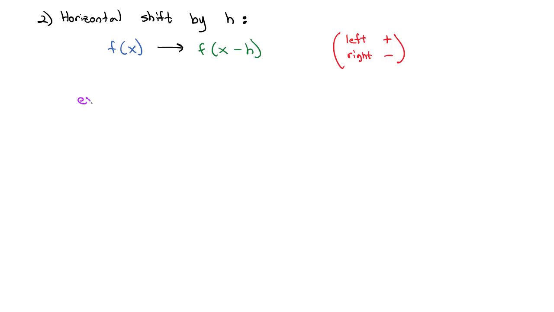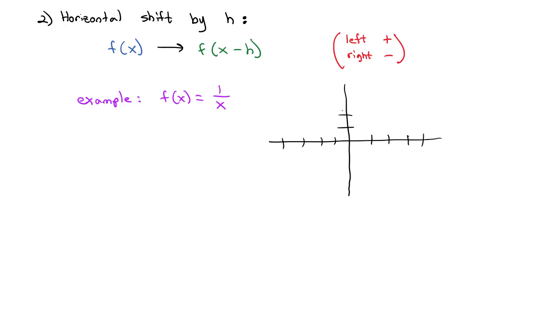So for an example, let's say we've got f of x equals the reciprocal function 1 over x. And we're familiar with the reciprocal function. It's one of our toolkit functions.